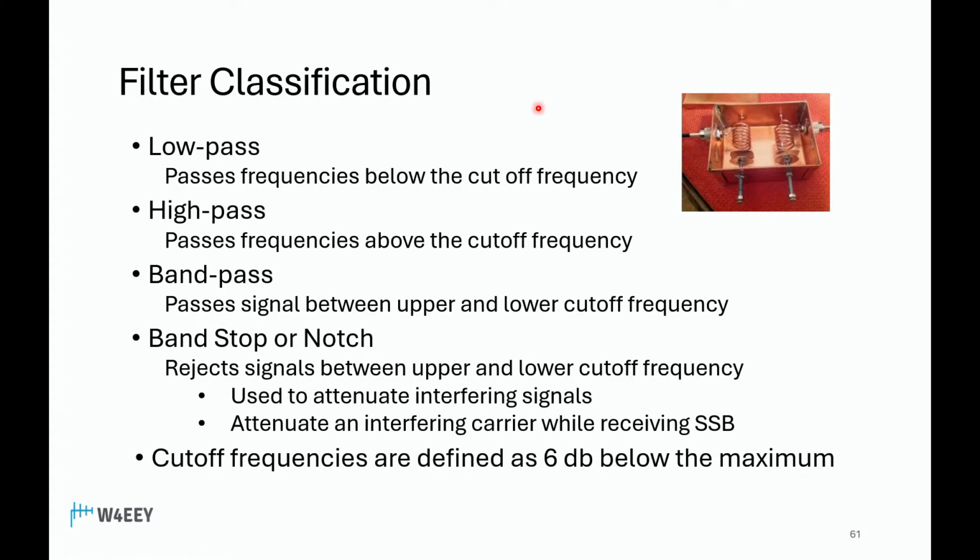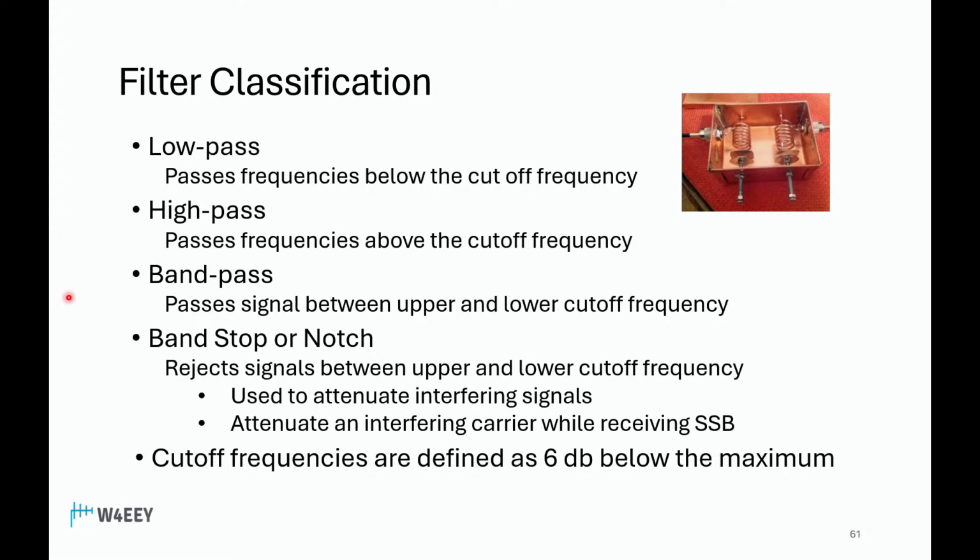There's different classifications. We're going to get into this in more detail, but there's low pass, high pass, band pass, band stop, all different flavors. The concept of a low pass is that it passes frequencies below the cutoff frequency, kind of like our anti-aliasing case we saw earlier. High pass will pass frequencies above the cutoff frequency.